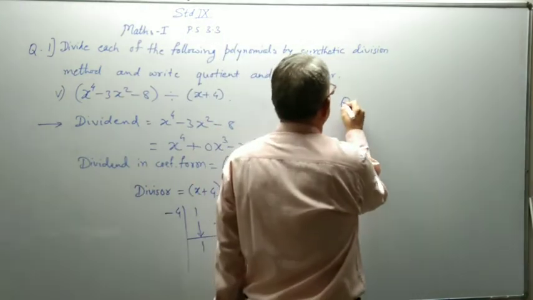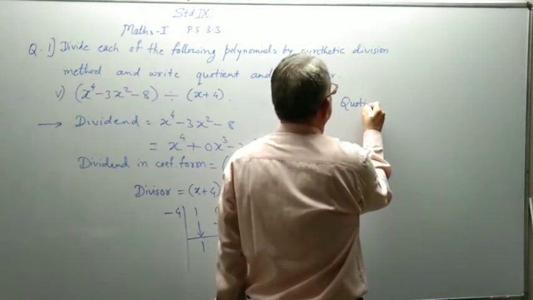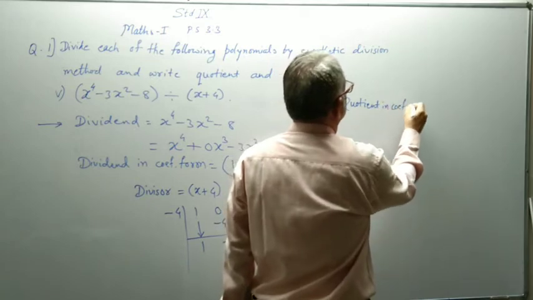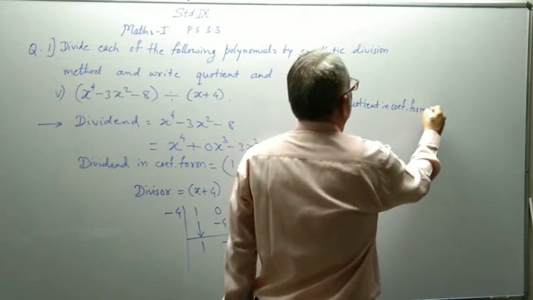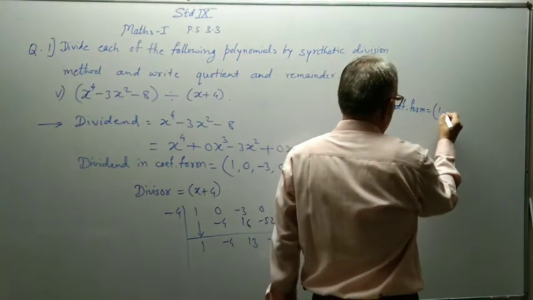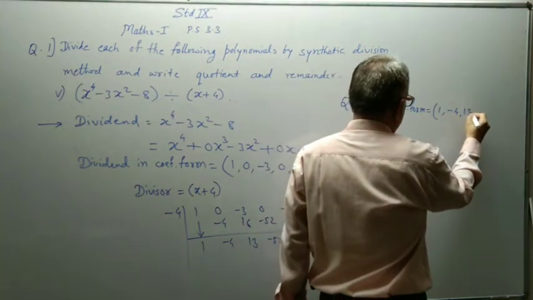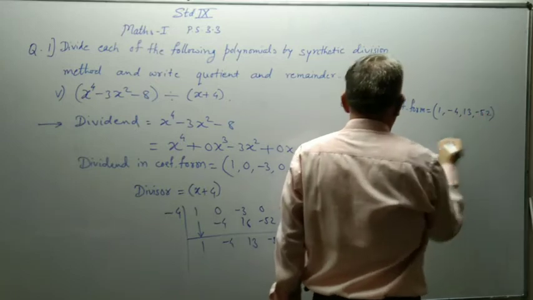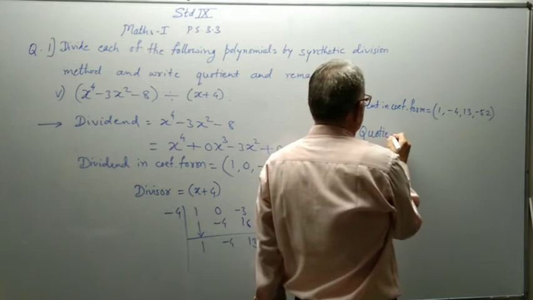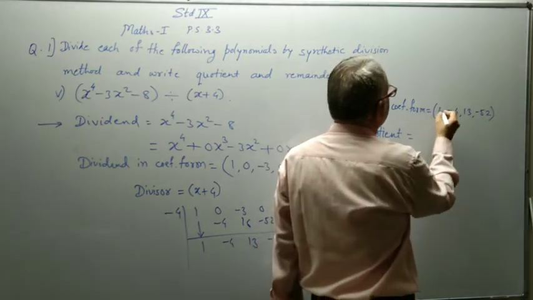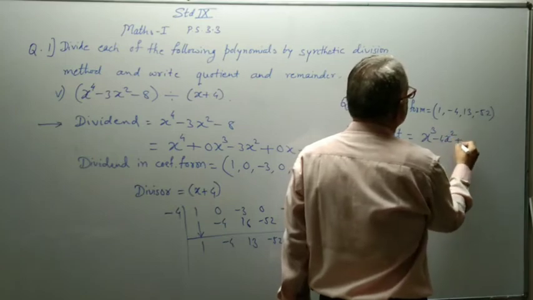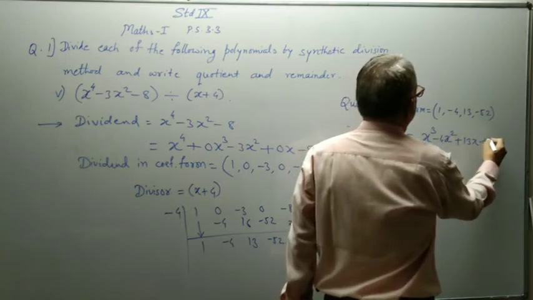So the quotient in coefficient form is 1, minus 4, 13, minus 52. Therefore, the quotient has 4 coefficients, so the degree is 3: 1x cube minus 4x square plus 13x minus 52.